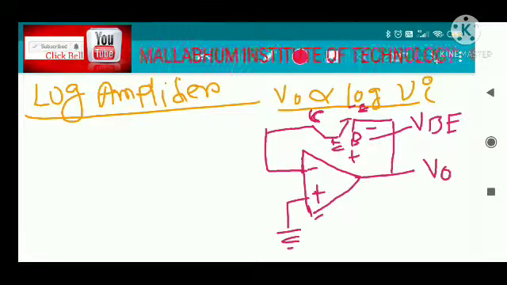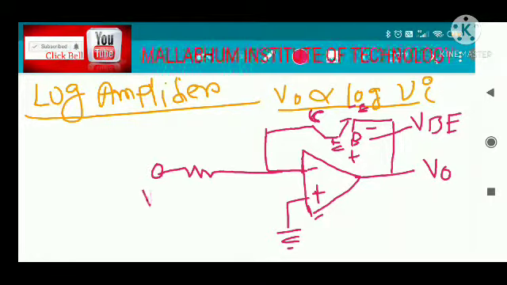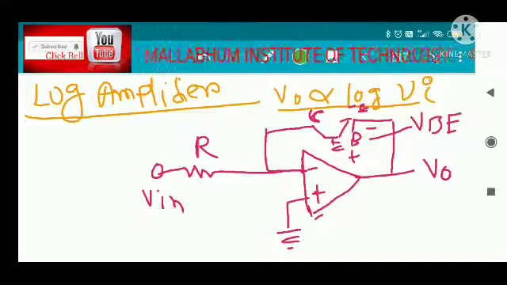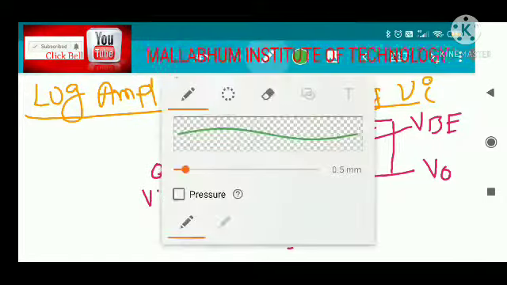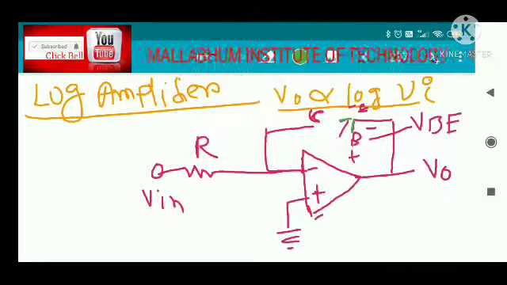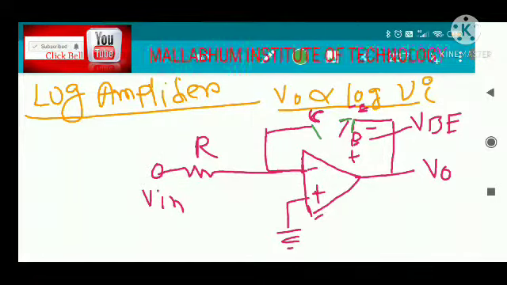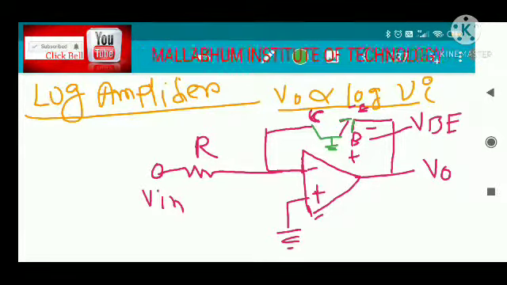And as in the case of the inverting amplifier, suppose there is an input voltage and there is also a resistance there. So the circuit will look like this. There is a transistor and the base of the transistor is grounded, this will be your collector terminal, this will be your emitter terminal, this will be the base terminal.